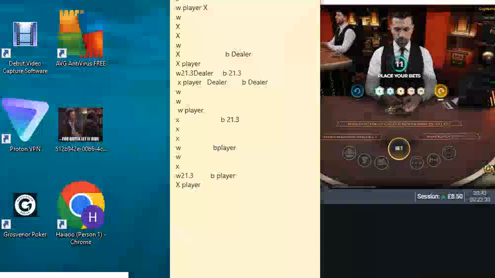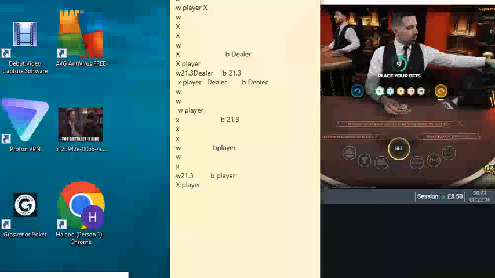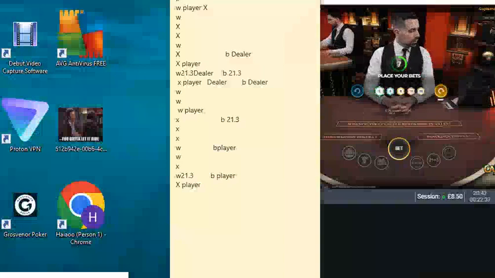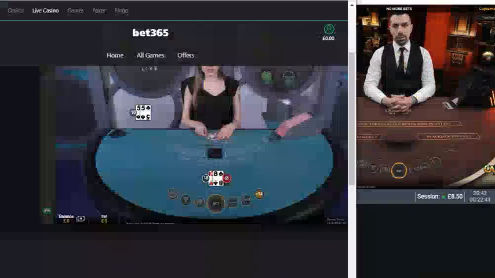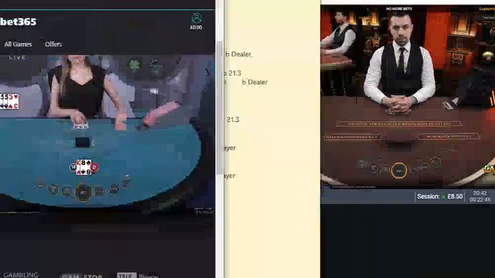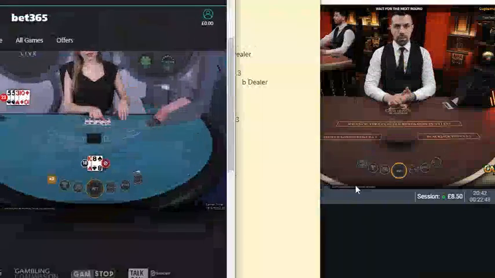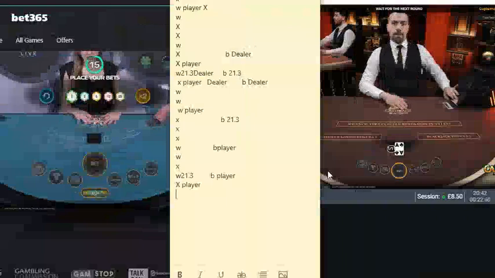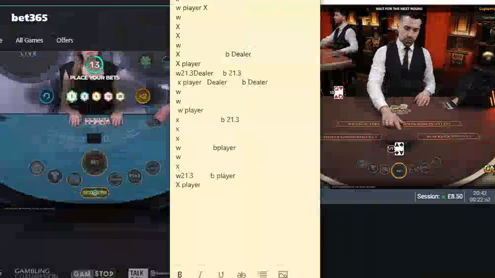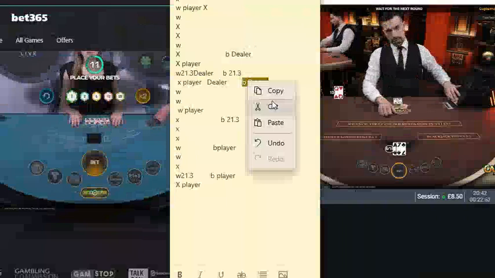Where is it? Let's try and find the table again now. So that was a loss, I presume. I'm not paying attention. I'm trying to get this other table up and running now. Nothing. So if I zip across, ooh, dealer on that one. So X, then you got blue dealer.